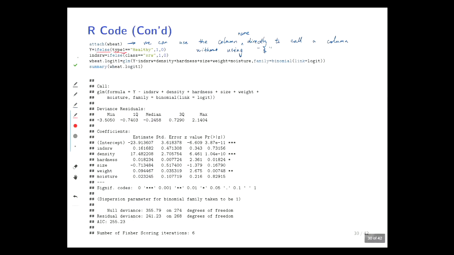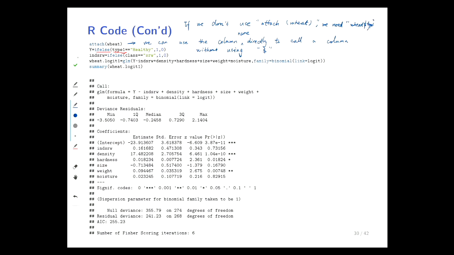But if we don't use attach weight, we need weight$type 1, where weight is the name of the data frame.